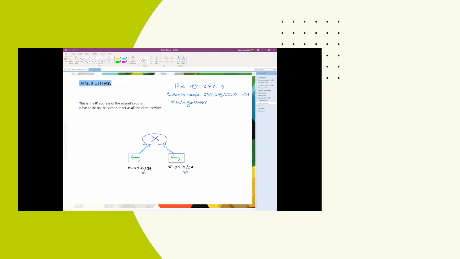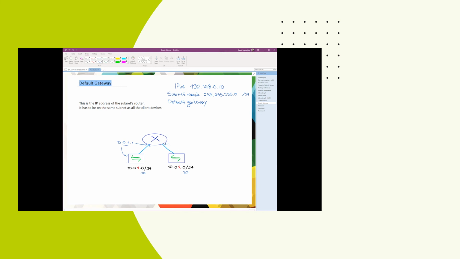And usually the first host of the subnet is assigned to the router interface. So this IP address, 10.0.1.1, is going to be assigned to this interface, and this is my router, which means this is my default gateway for this subnet only.